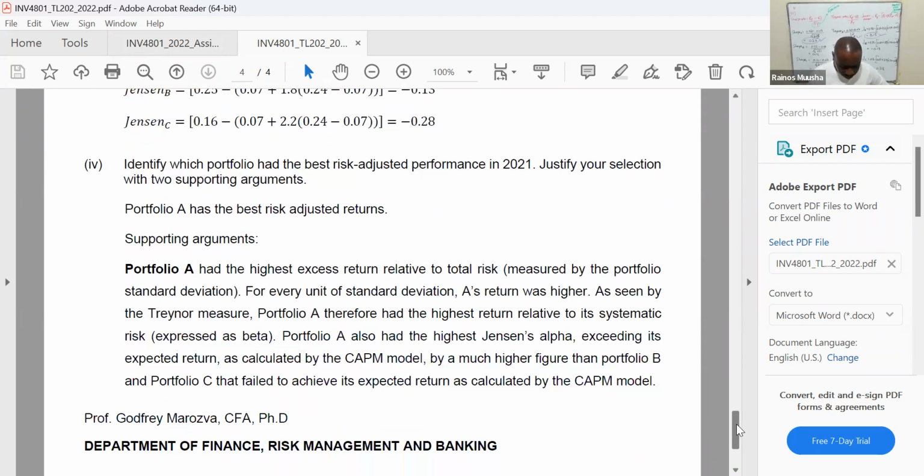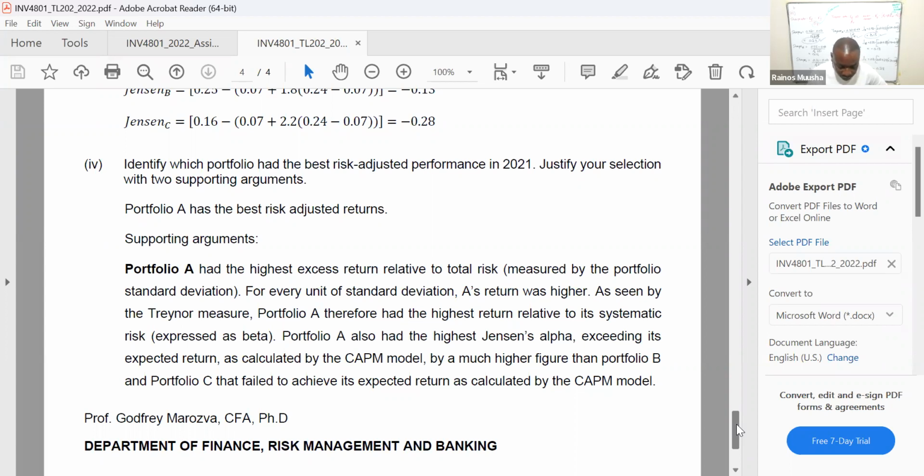And when it comes to the supporting arguments, the same. Portfolio A had the highest excess return relative to total risk measured by the portfolio standard deviation. So for every unit of standard deviation, A's return was higher. As seen by the Treynor measure, portfolio A therefore had the highest return relative to systematic risk.